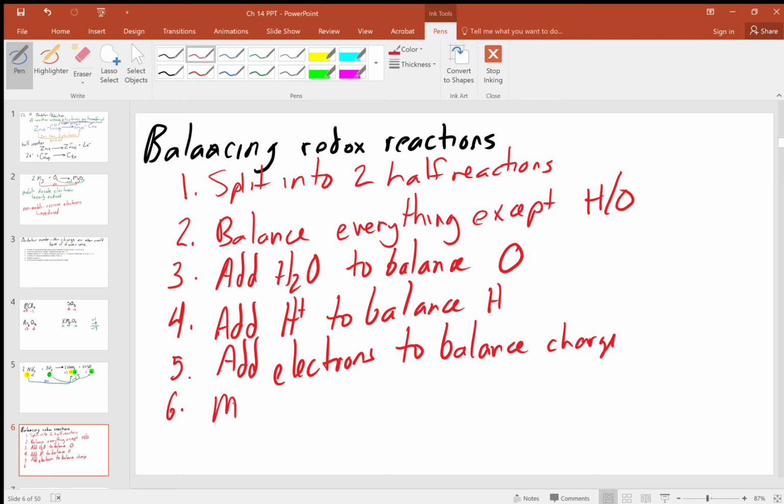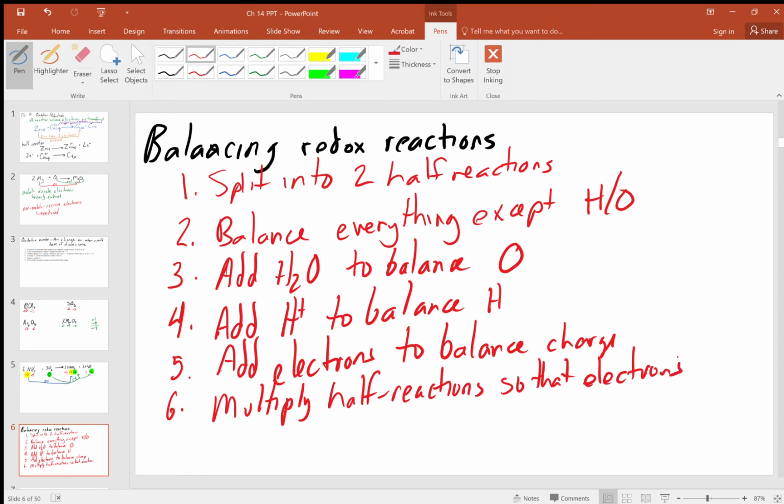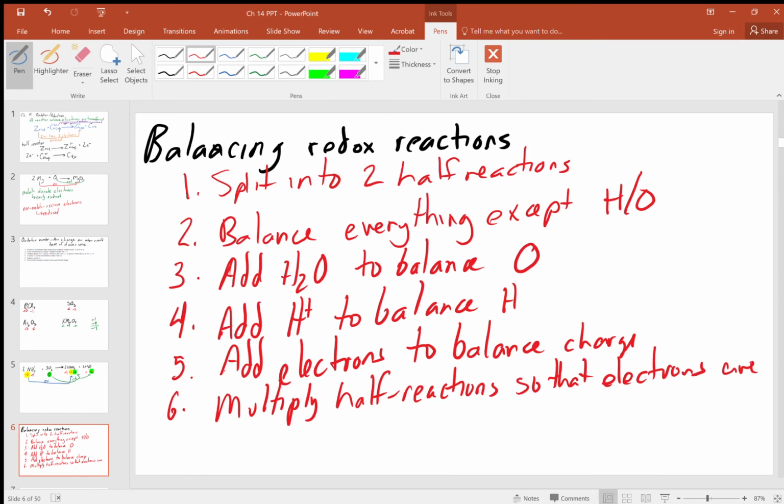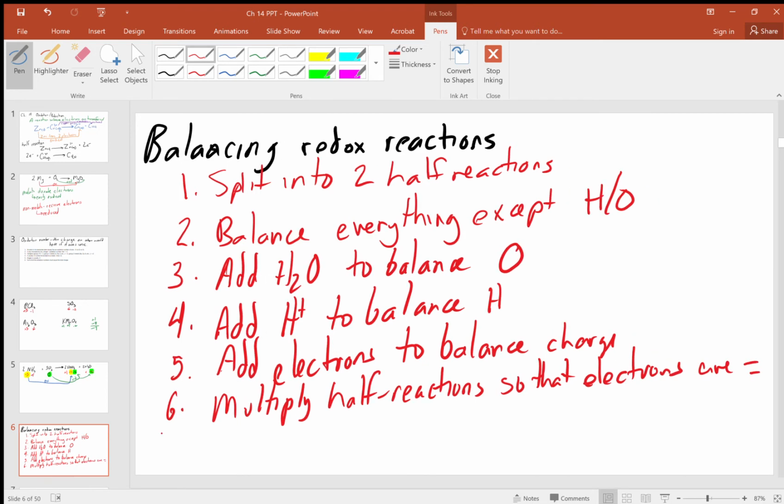6, multiply equations to balance electrons. Or maybe a better way to say this is multiply half reactions. And we do this so that electrons are equal. 7, add the reactions.